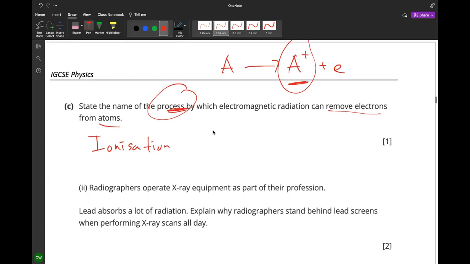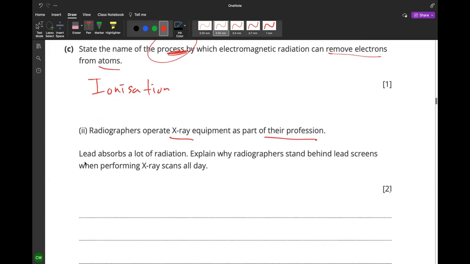Radiographers operate the X-ray as part of the profession. Lead absorbs a lot of radiation. Why does the radiographer stand behind the lead screen when performing X-ray scans for one whole day? Why do they have to protect themselves from X-ray?